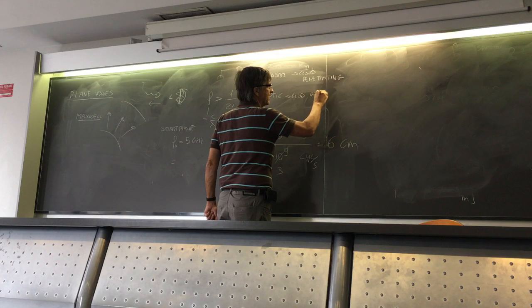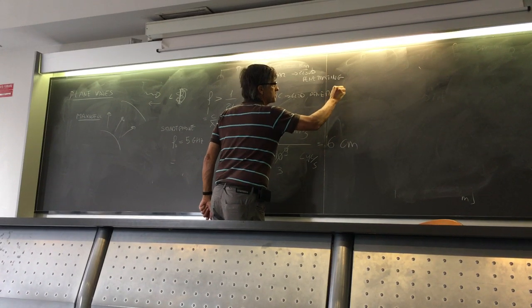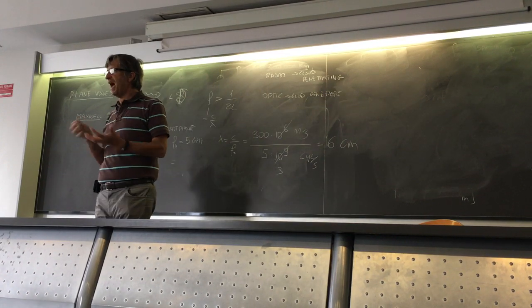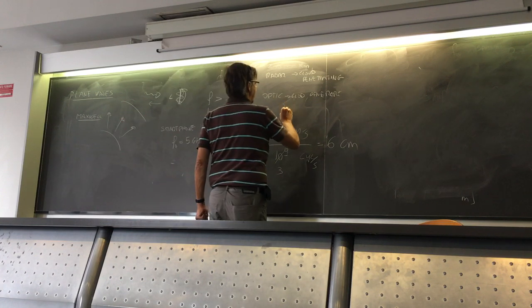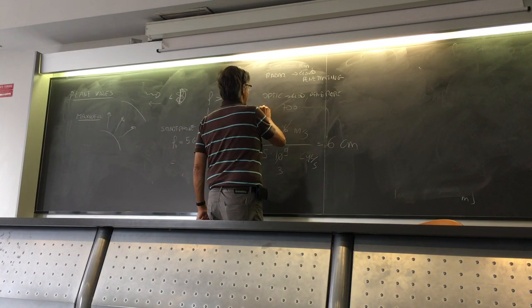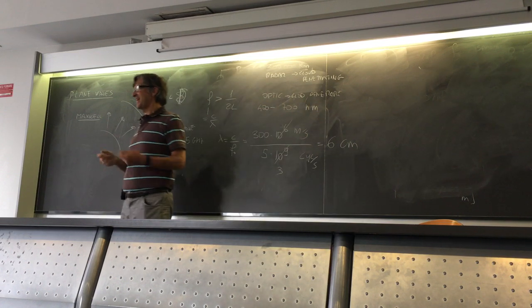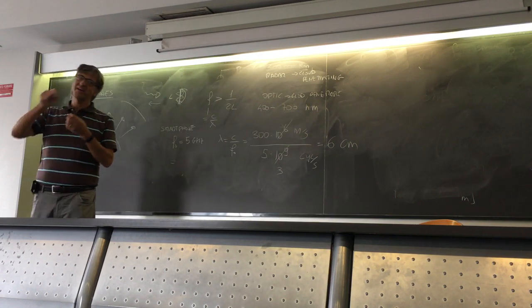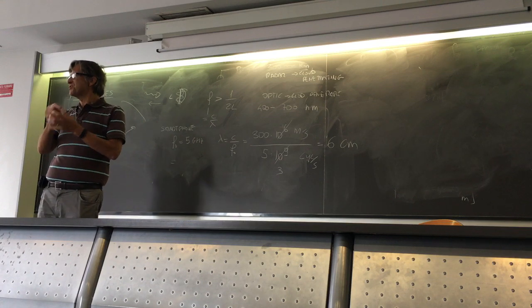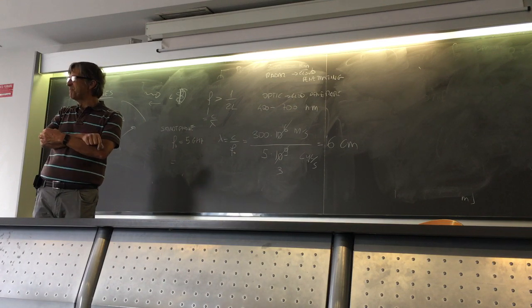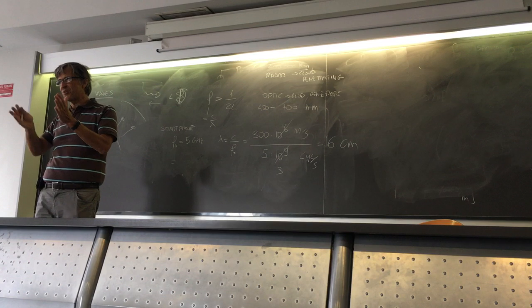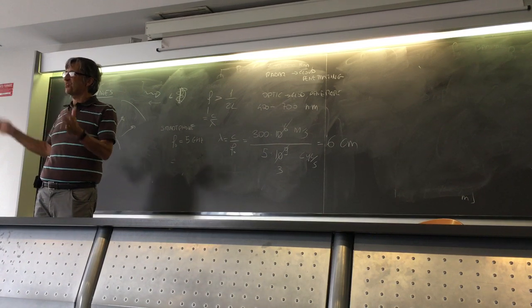because in the optical you consider that the wavelength goes from 400 to 700 nanometers. Okay, nanometer means a million times smaller than the millimeter. Okay, millimeter, micrometer, nanometer, 6 orders of magnitude.